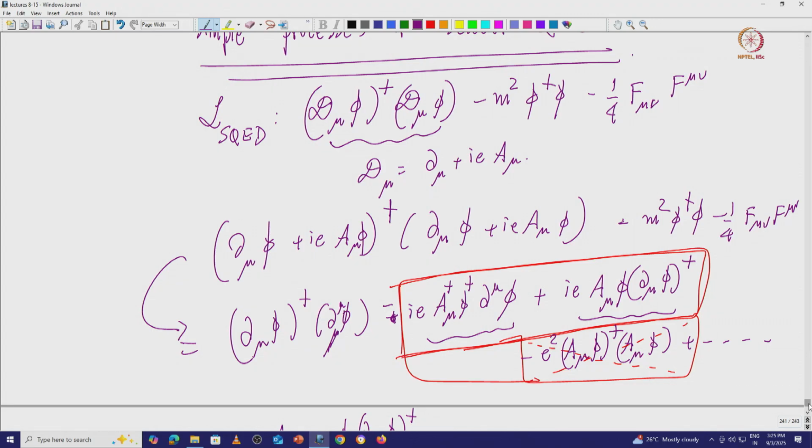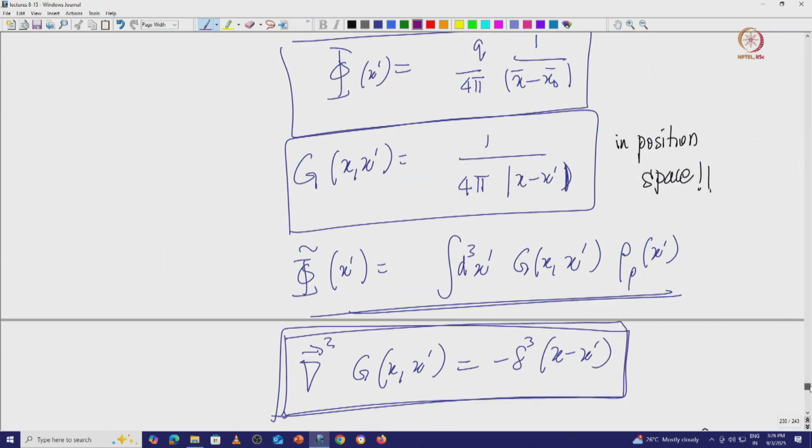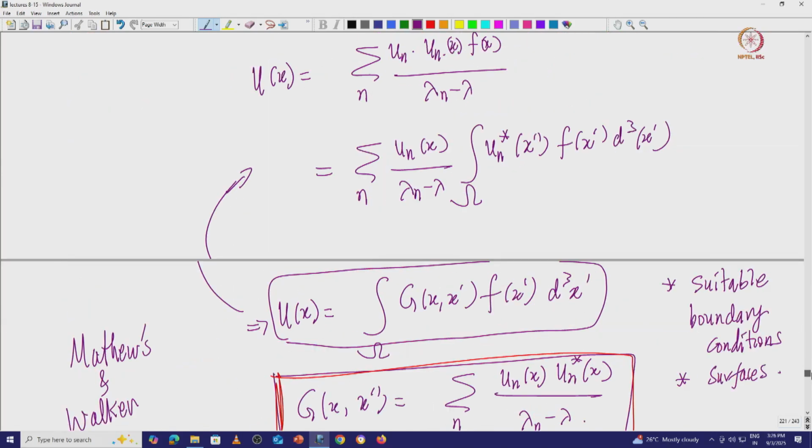With this you derive these things, and then you use the Green's function methods for a given process, say phi going to phi dagger, or pi plus pi minus going to pi plus pi minus. You start using the Green's functions method, and the formalism is exactly like what we have seen earlier, in the general form of using Green's functions methods.